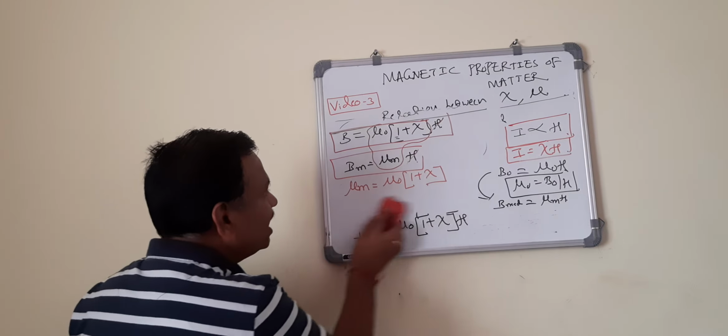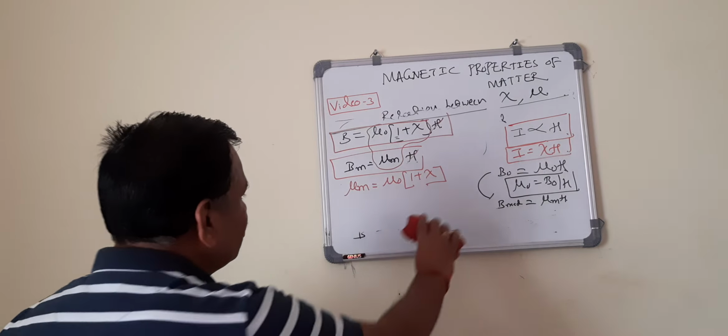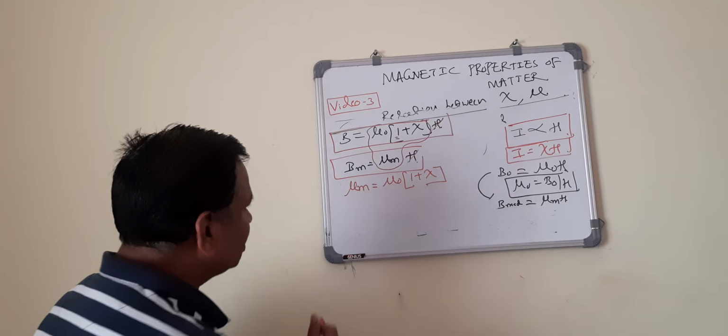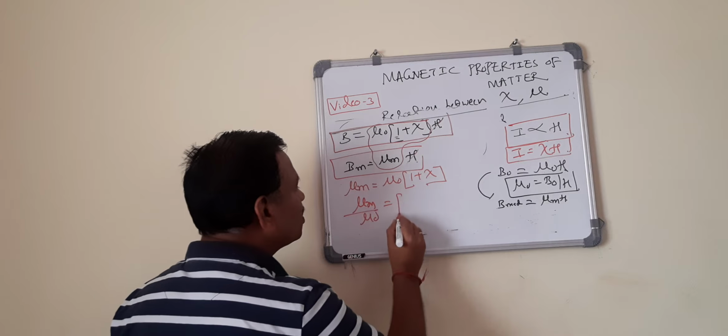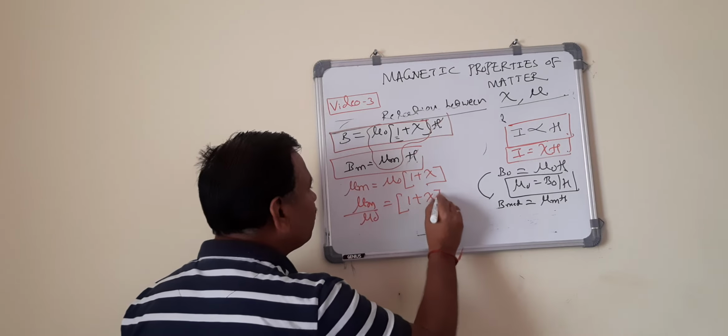Or I can write it in this fashion: mu of m divided by mu naught equals 1 plus chi.